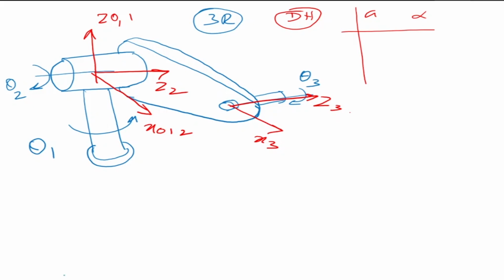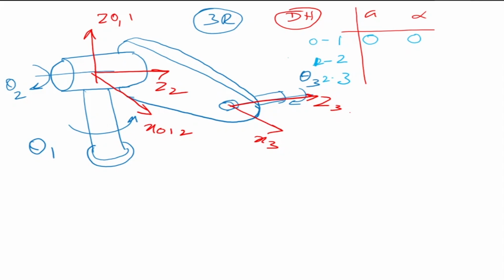So the first row we start off with is 0, 0, 0, θ1. That's my first DH parameter row. What is the second? So this is 1, 2, 3. This is 0 to 1, this is 1 to 2, and this is 2 to 3. For the first frame, they both have the same origin, and the variable is θ1.